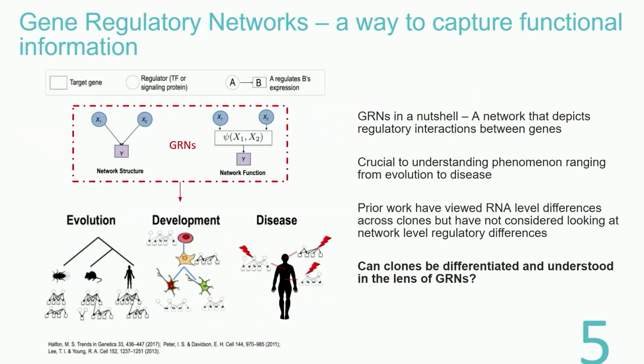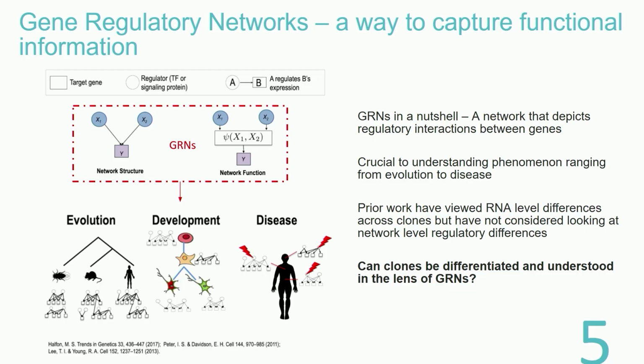We also have this idea of gene regulatory networks, and for those who don't know, in a nutshell, it's a network that depicts regulatory interactions between genes. So if you have, let's say, one gene that's directed to another gene within the network, that means this one gene is somehow regulating the activity of the other gene.